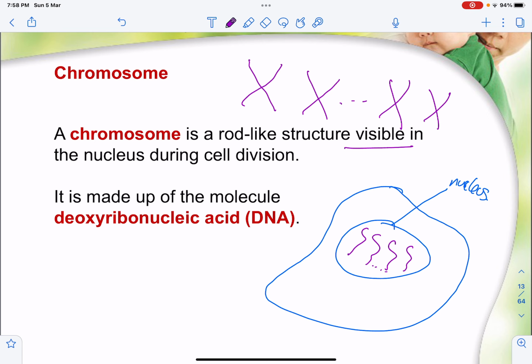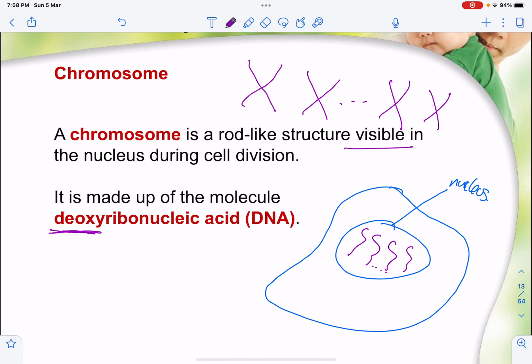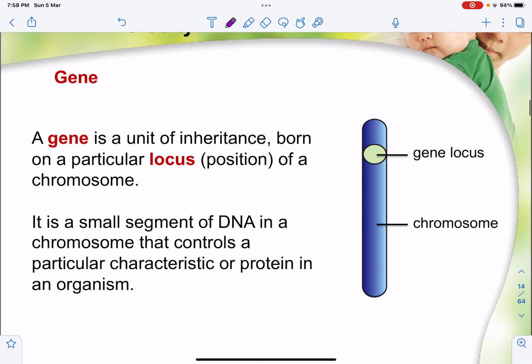D comes from deoxy, meaning the ribose sugar that makes up the whole molecule doesn't contain the oxygen atom. And then nucleic acid is the other one. So there's a ribose sugar, there's a nucleic acid, and the lack of oxygen.